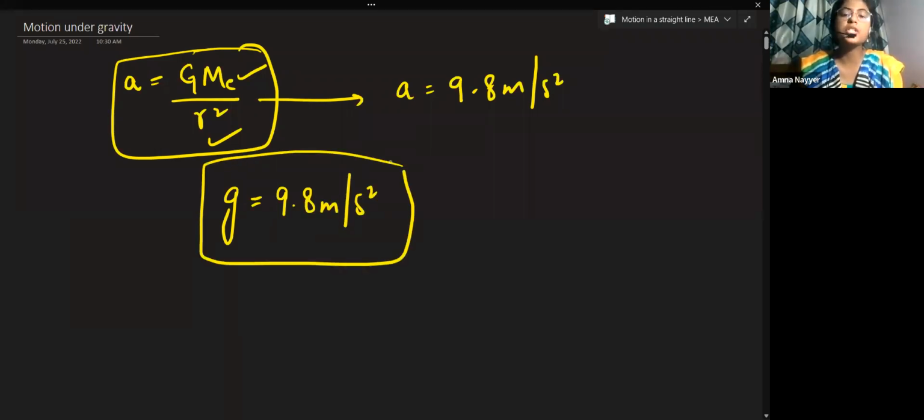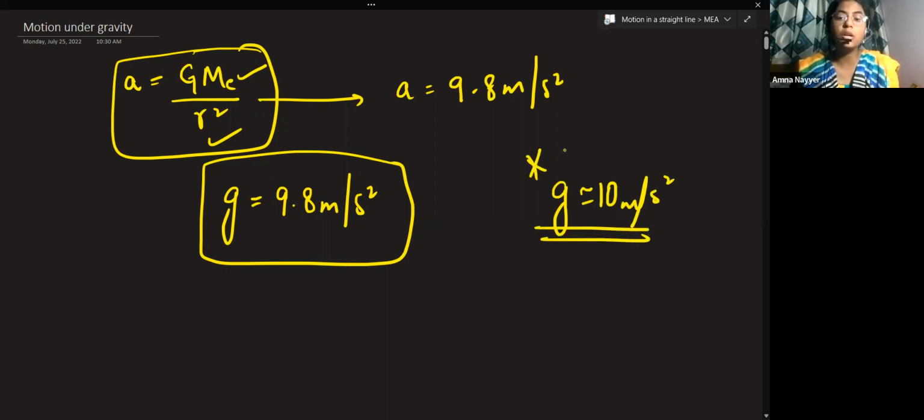Now, in some questions, it can give you that take g as 10 meter per second square. But if this condition is not mentioned, or nothing is mentioned regarding g, and you know the body is exhibiting the motion under gravity, or it's a free fall case or anything, and you have to use the value of g, then you won't use the value of g as 10 so as to ease your answer.